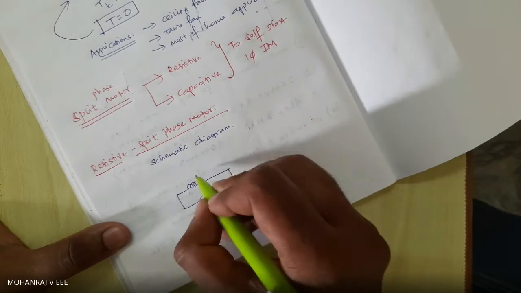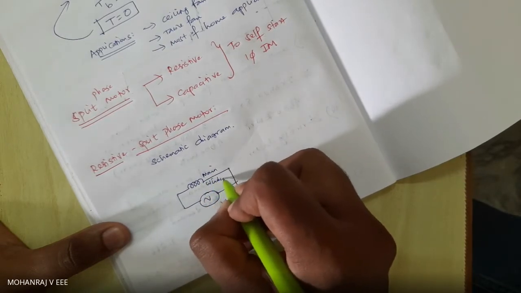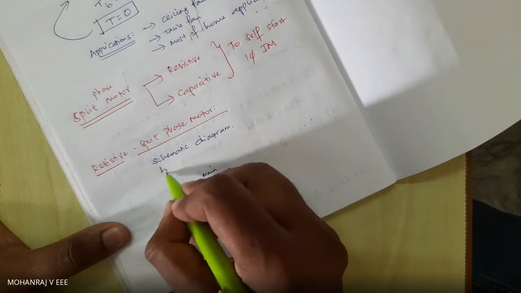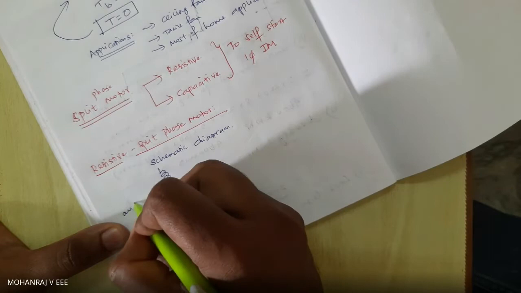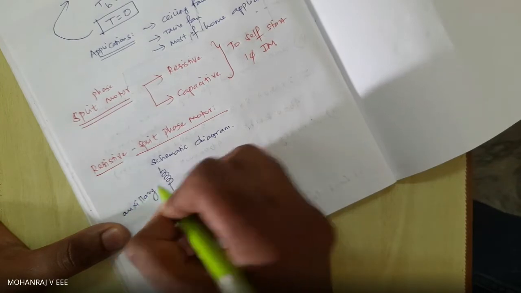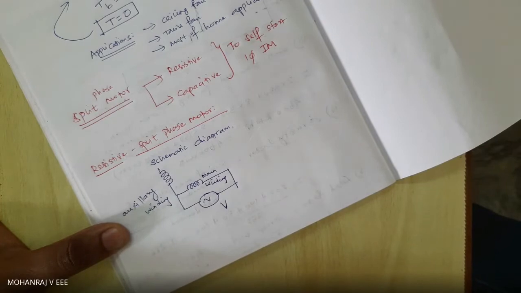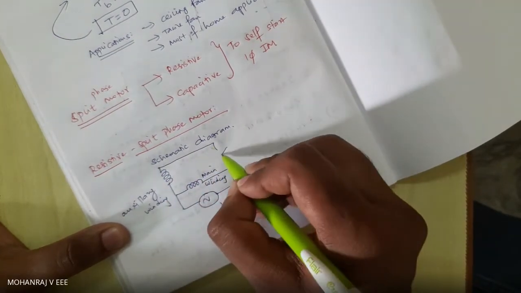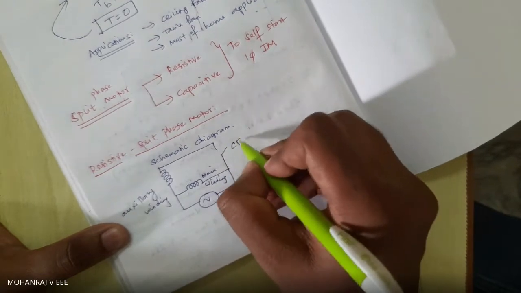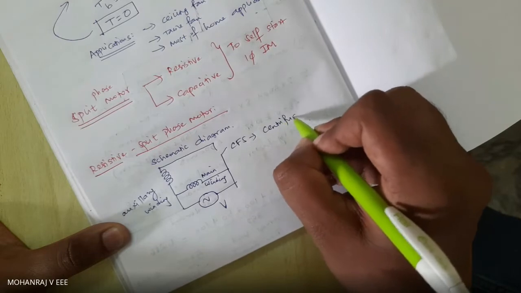So say this is my main winding. Then I will have one more winding, which is known as the auxiliary winding. Then we have a CFS, where CFS stands for centrifugal switch.